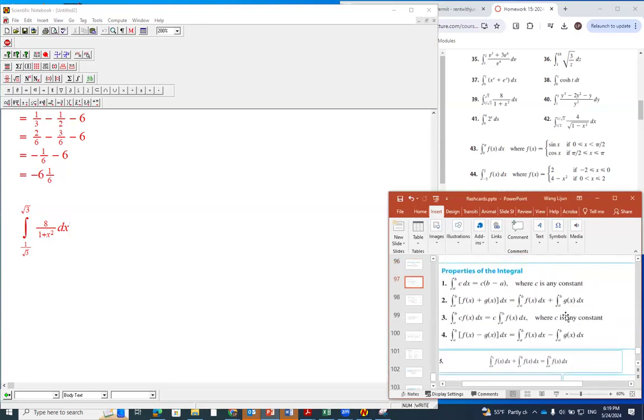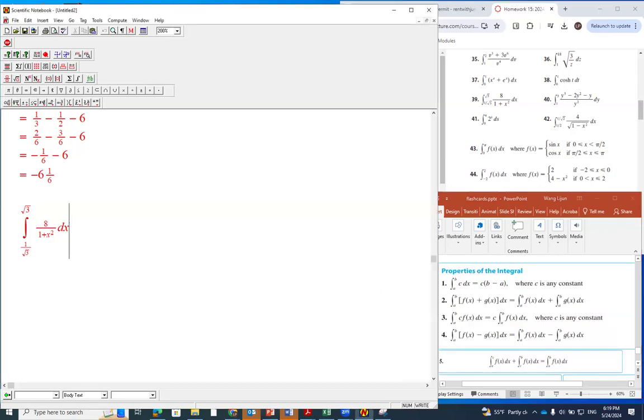We have all these properties for integration. We can bring out the constant, so 8 can be brought out. And the antiderivative of 1 over 1 plus x squared is arctangent.